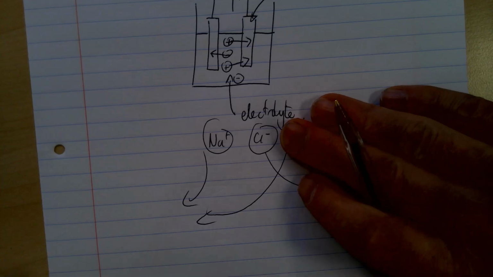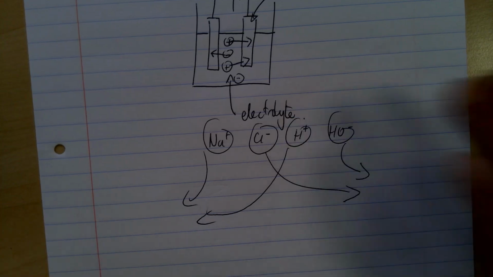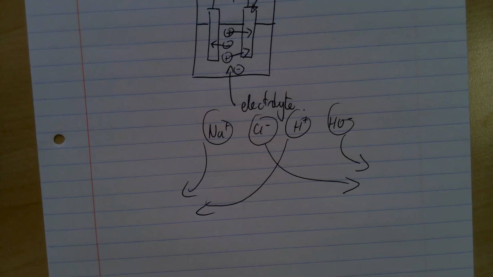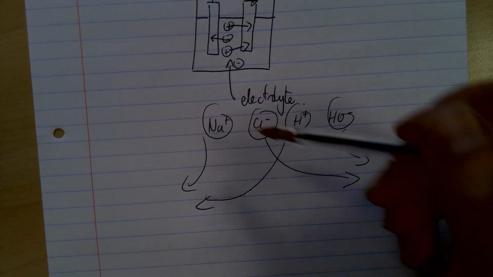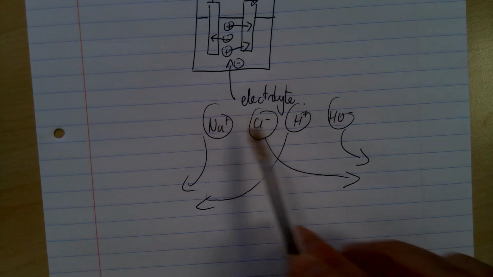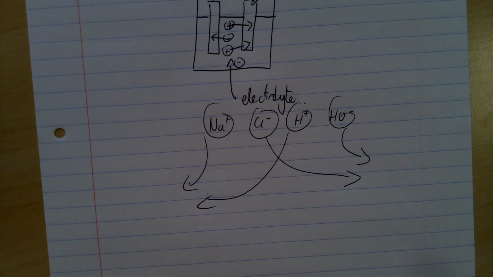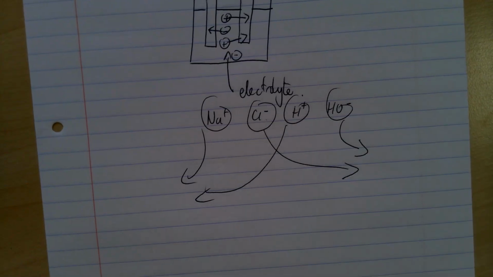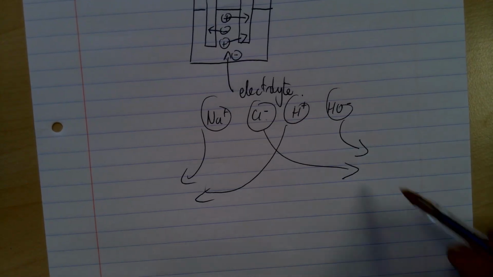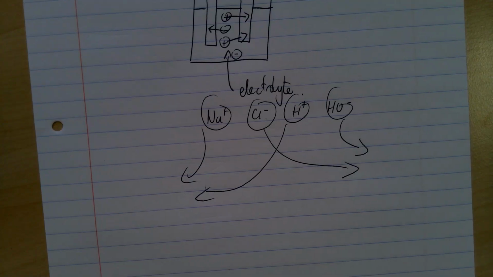Whichever ions are in the compound, they're the elements you're going to get. But if you've got sodium and hydrogen ions going to the negative electrode, you've got to decide which one of them discharges, which one turns into the element. And likewise, if you've got chloride and hydroxide going to the positive electrode, you've got to decide which one discharges.